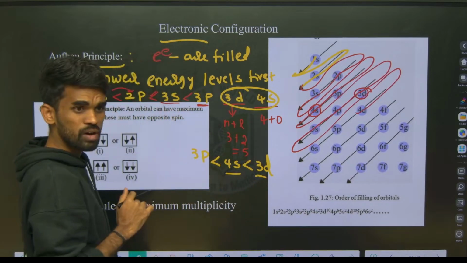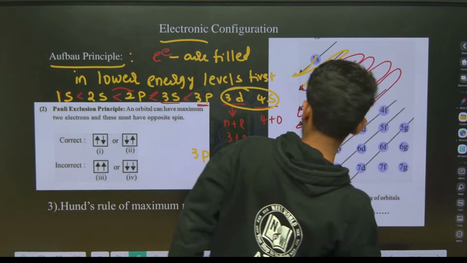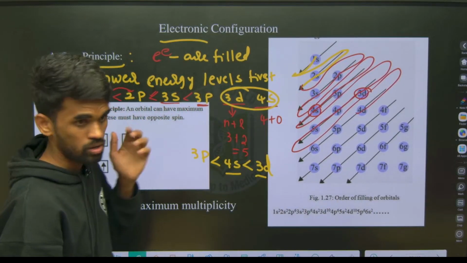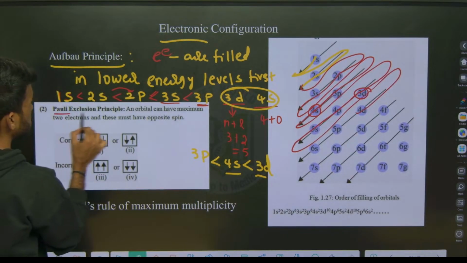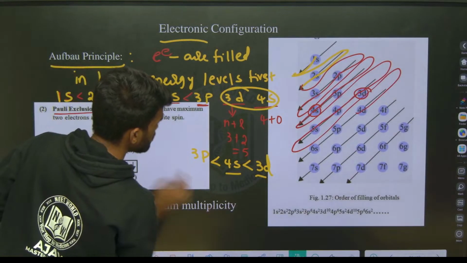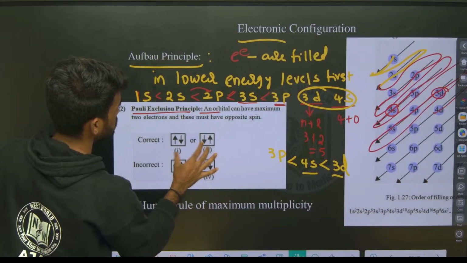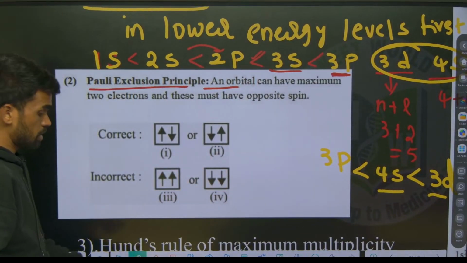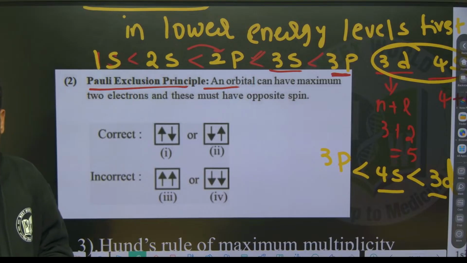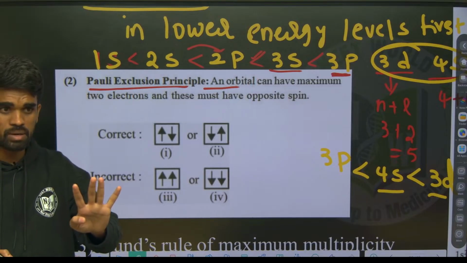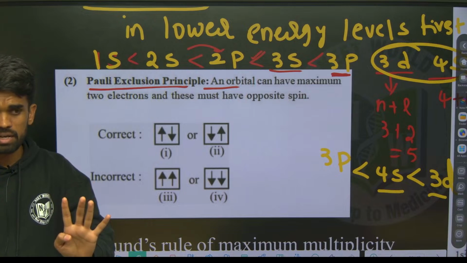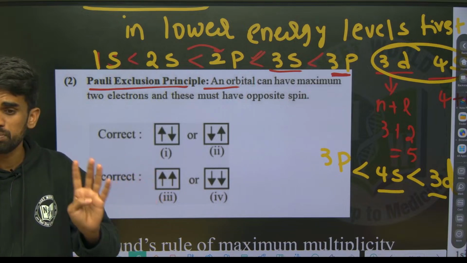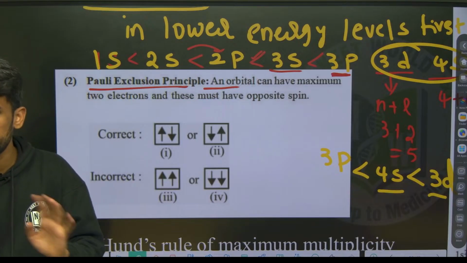Let us move forward. That is the Aufbau principle done. Next is Pauli's exclusion principle. We have 4 quantum numbers, so for a particular element, no two electrons should have all the same quantum numbers. At least one should be different.